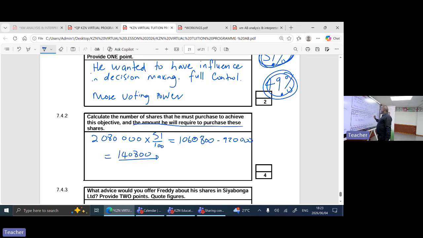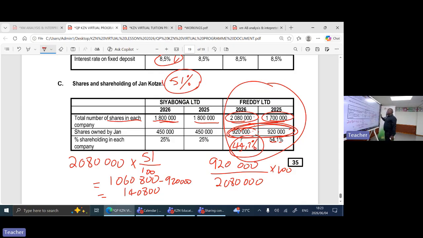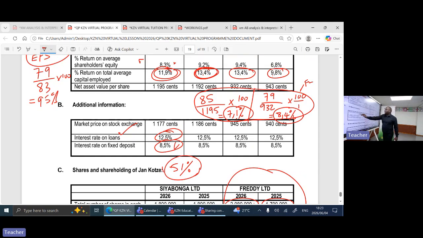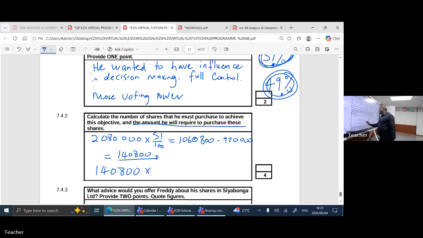It's the amount of shares athengwa ngemali kwi-market price. So how much is the market price for Lama shares in this business? So here's the market price on the stock exchange. They are 9.45 cents. 945 is 9.45 cents by 9.45 to get malina aitingai.